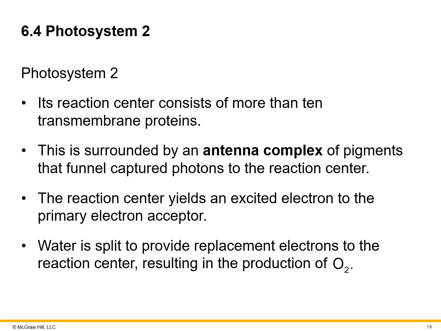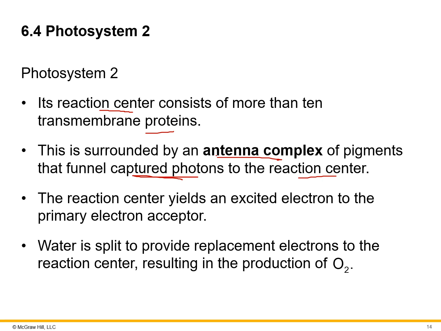So a little bit more about photosystem 2. Its reaction center has multiple proteins in there, but essentially it acts as an antenna complex. It's absorbing all of those photons. That's its job, to absorb the photons and transfer that energy to the reaction center.